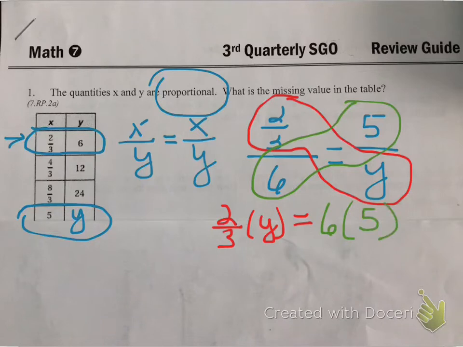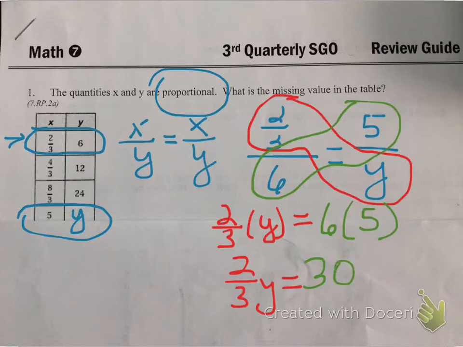Okay, 2/3 times y is 2/3 y. And 6 times 5 is 30. And I'm going to solve that one-step equation.